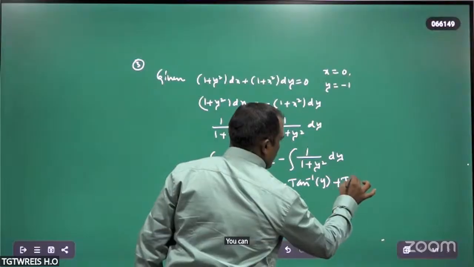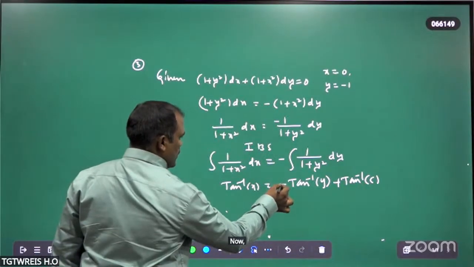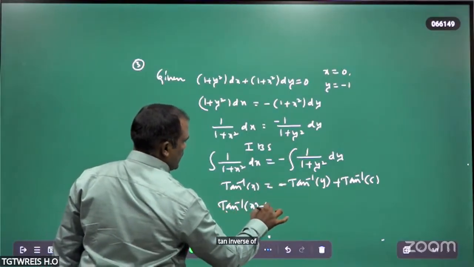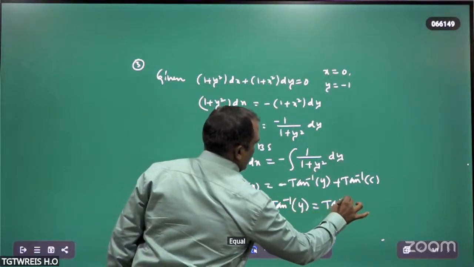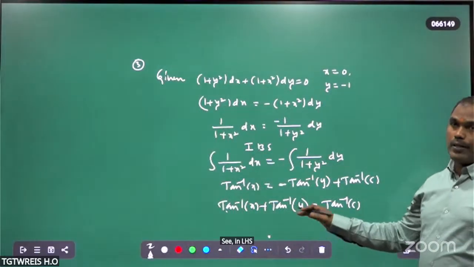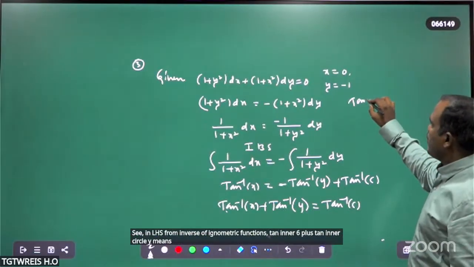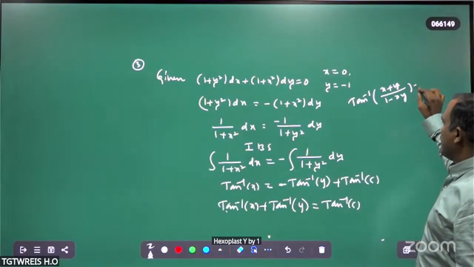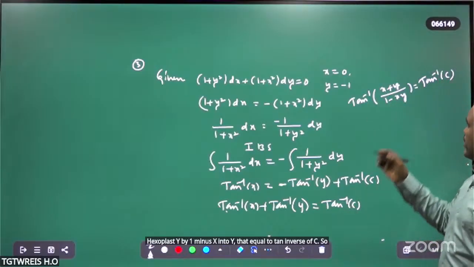You can write a constant C also in terms of C, tan inverse of C. Now this minus I'm sending to LHS, tan inverse of x plus tan inverse of y equal to tan inverse of C. See, in LHS from inverse of trigonometric functions, tan inverse x plus tan inverse of y means tan inverse of x plus y by 1 minus x into y equal to tan inverse of C. So both the tan inverse should be cancelled.